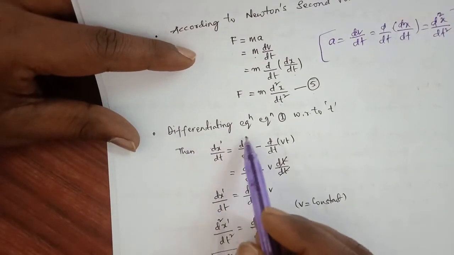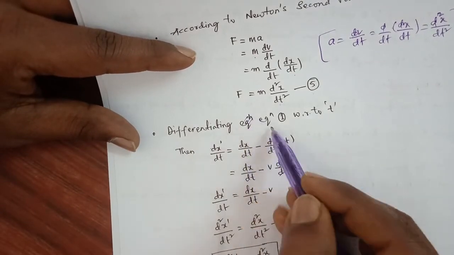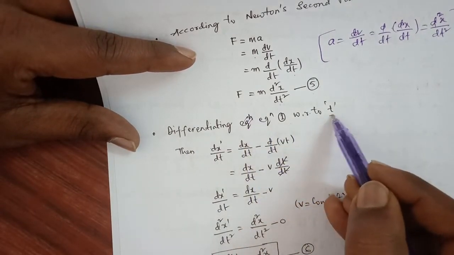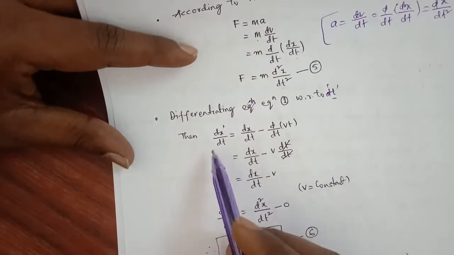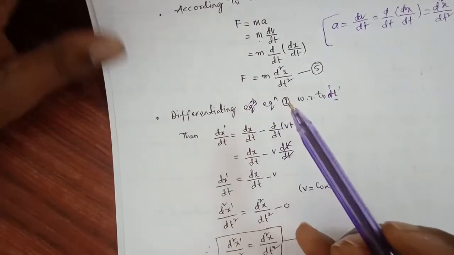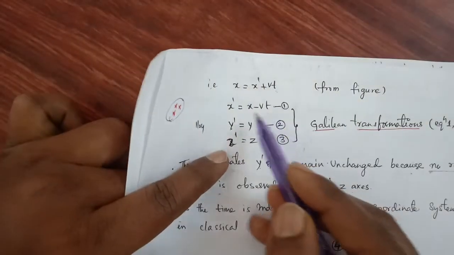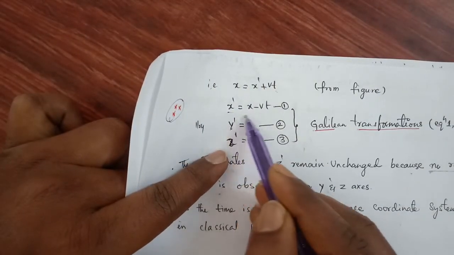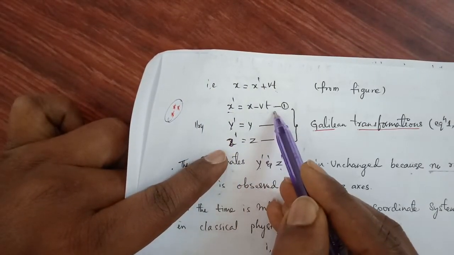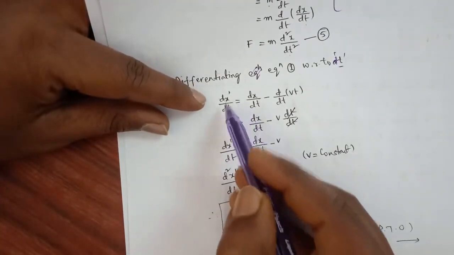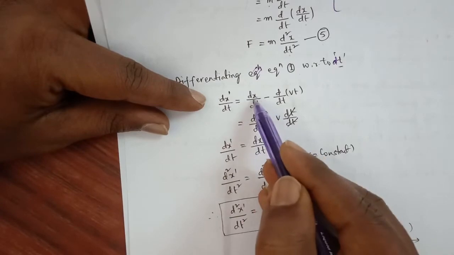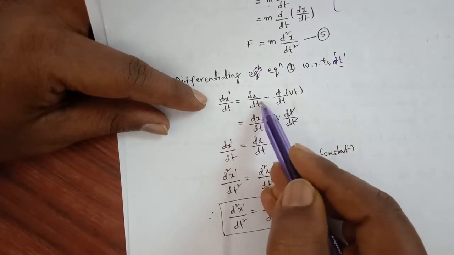So differentiating equation 1 with respect to t. Now what is the differentiation? This is equation 1. After differentiation, we get dx dash by dt equal to d by dt of x minus vt.